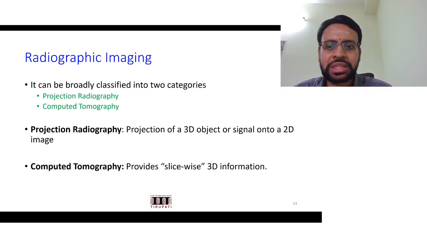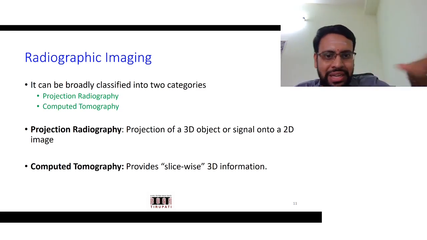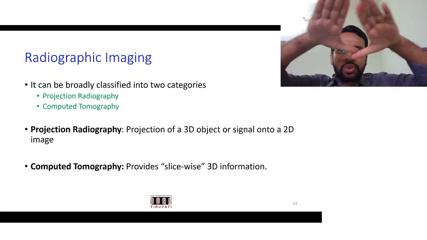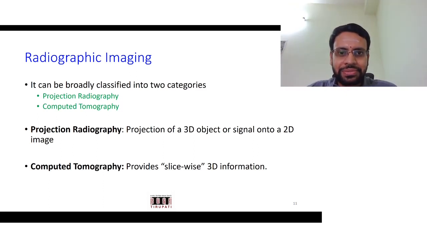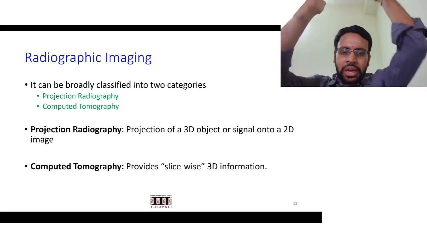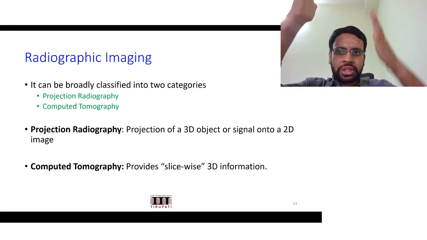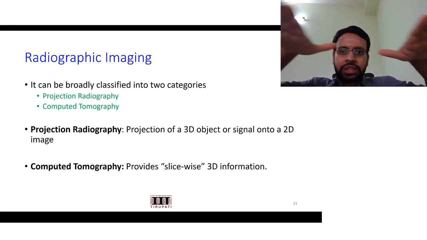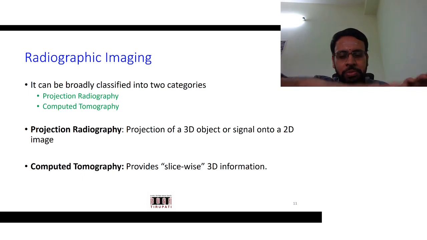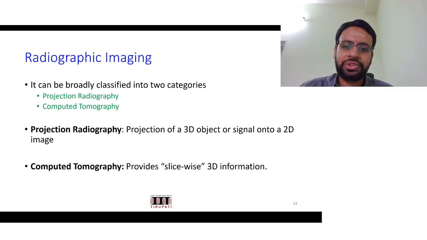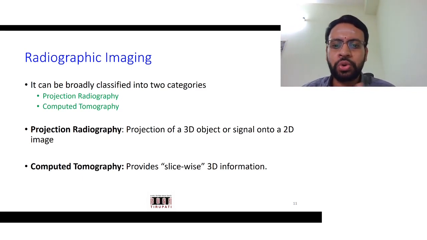Again, we would discuss all these things in more detail as we move on in this course. This is a very introductory level discussion here. In computed tomography, you will get slice-wise information. So you have 2D information at different levels of z value. If you think of the object height as z, then these are the slices that you have. You will get multiple slices, which is why this is 3D information, and that's why it is referred to as computed tomography.